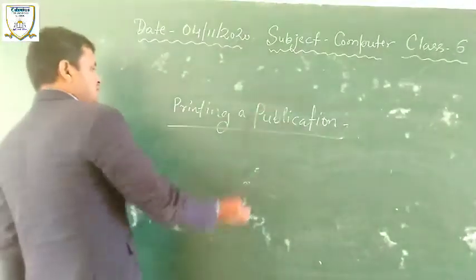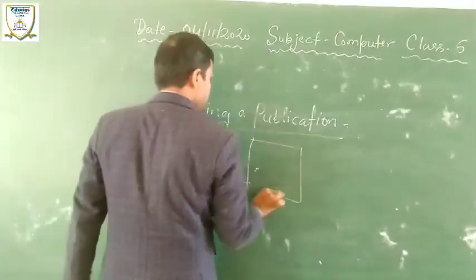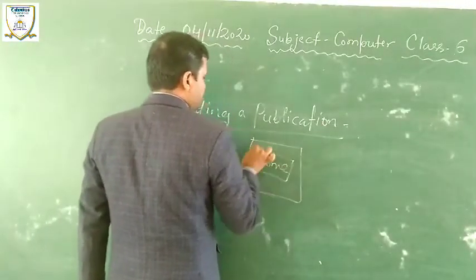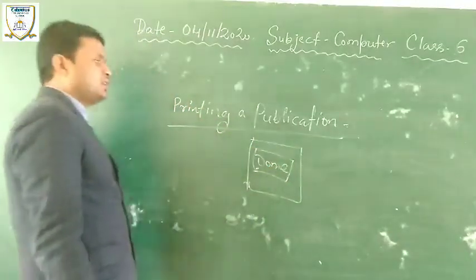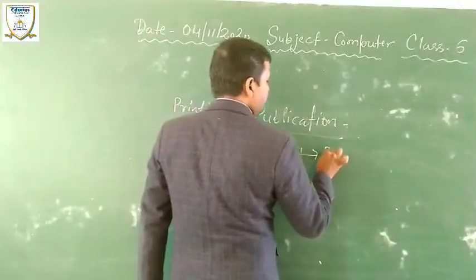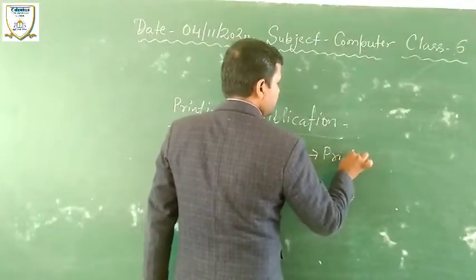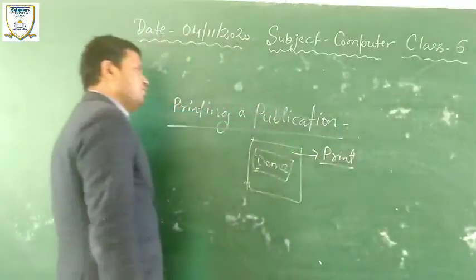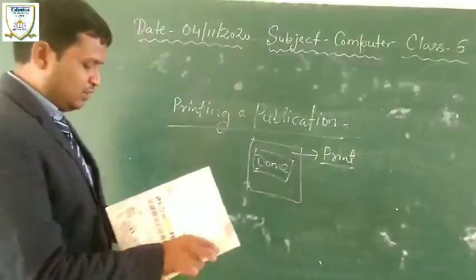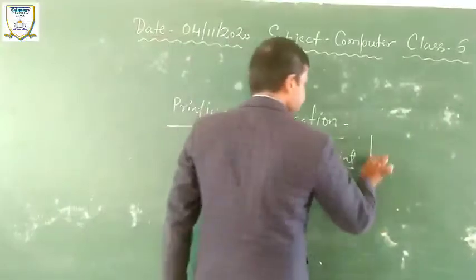Suppose your publication is done. जो आपको बनाना था वो आपने बना दिया. You have completed your publication and now you want to print it. When you need to print that publication, you have to click on the file tab.